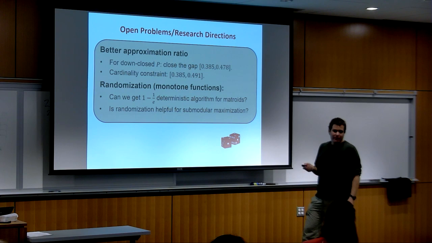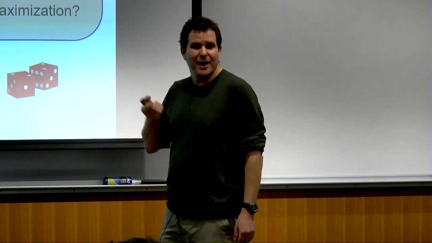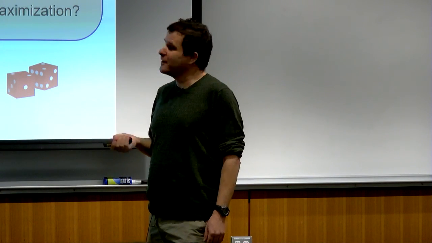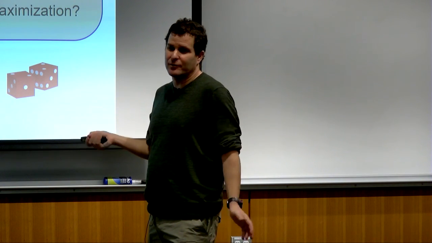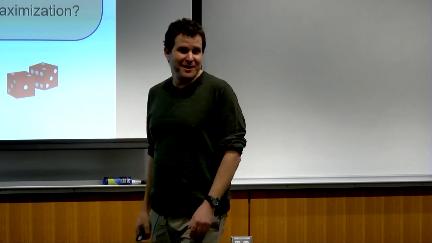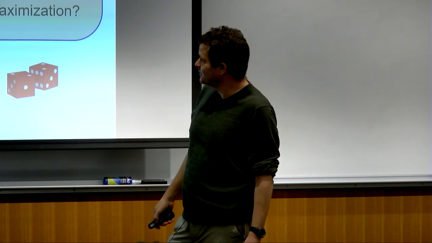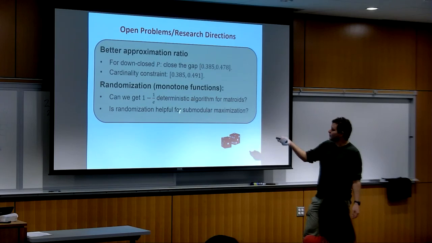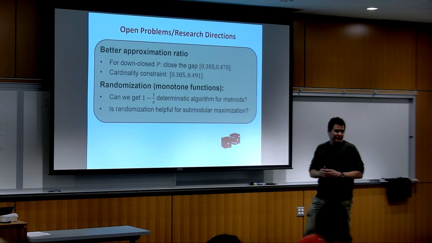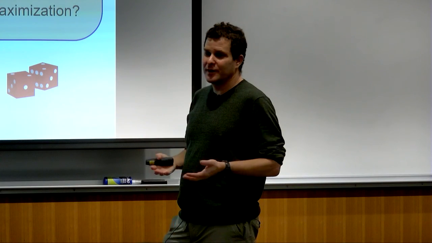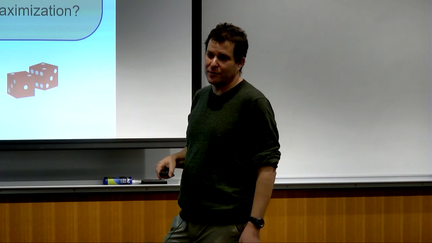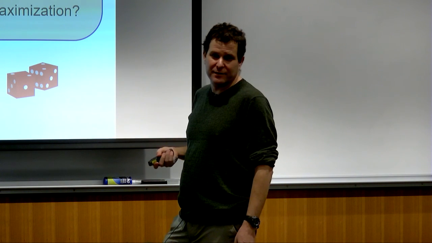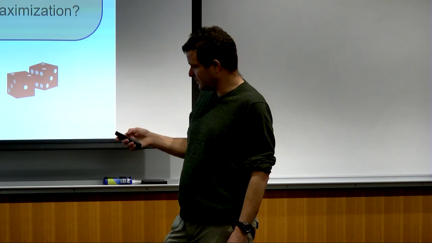My feeling is that since we were able to break the half, it should be possible to get 1 minus 1 over e without randomization, but I have no clue how to do it. And in general, do you need a randomized algorithm in the case of submodular maximization? Again, this is a question because there is this black box oracle, and you don't know if you really need randomization in the algorithm. It's not easy to de-randomize the algorithms. Thank you.